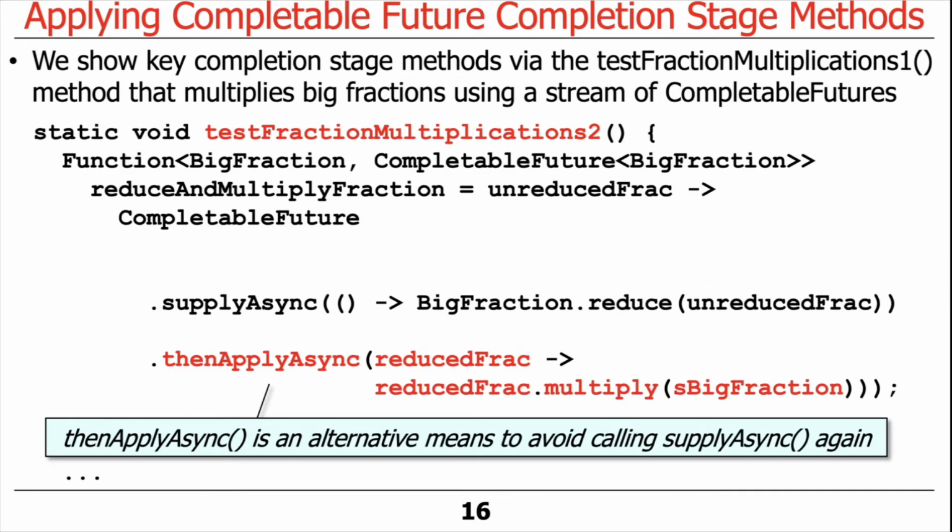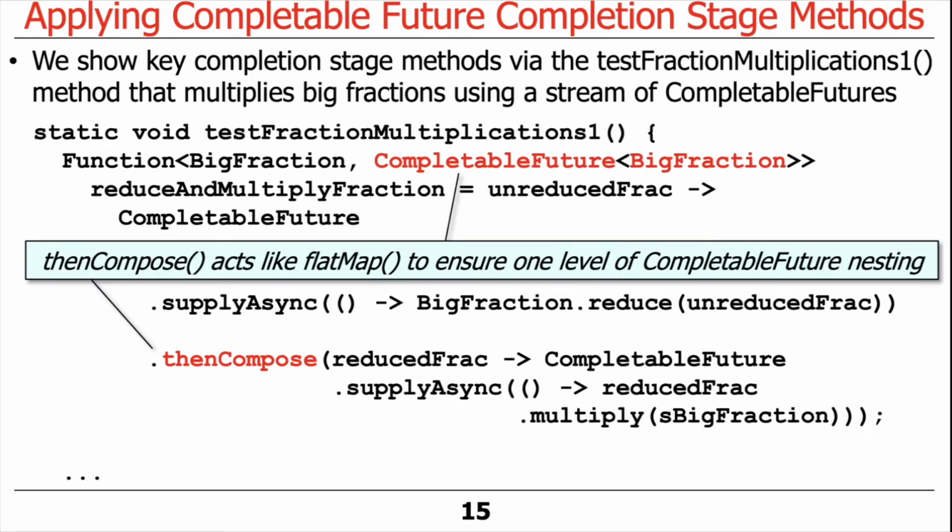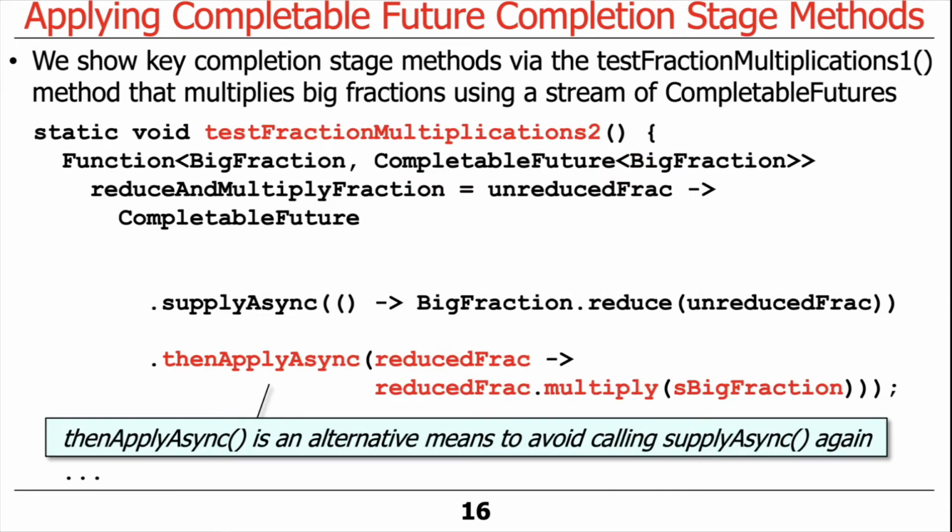So for my money, I would prefer the thenApplyAsync model here instead of using thenCompose and supplyAsync. And if you go back and watch the completion stage videos from last time, you'll see that there's some discussion about thenCompose and supplyAsync being replaced with thenApplyAsync, which is a preferable way to go.